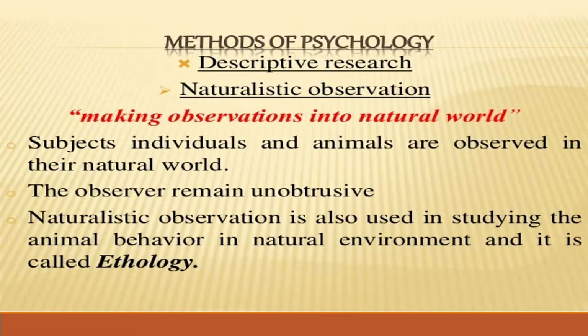So individuals and animals are observed in their natural world. The observer remains unobtrusive, and naturalistic observation is also used in studying animal behavior in the natural environment, which is called ethology. So in the natural environment, whatever research or observation is done is known as naturalistic.